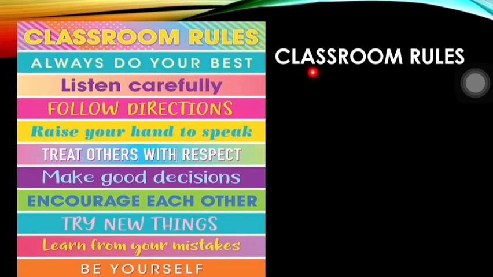Classroom rules. Again, you can display classroom rules on any of the soft boards or on the side of the wall. You will use scotch tape for pasting classroom rules so that the wall will not get damaged. Make sure you are not using any glue, nails or anything that will damage the wall.